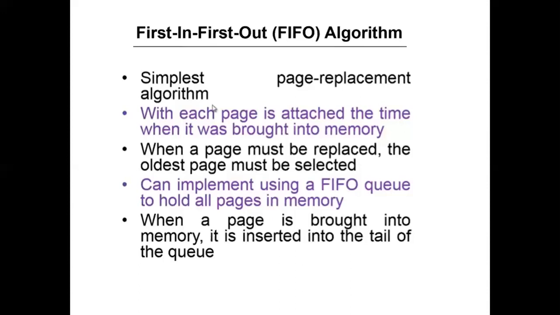It's nothing but metadata of when this particular page was moved in. So the one which moved in first is made the victim, and the required page is brought into the physical memory, but it is inserted at the tail of the queue. It's inserted at the last of the queue, right? So if you bring in one more, then it goes below the last one which was previously inserted.